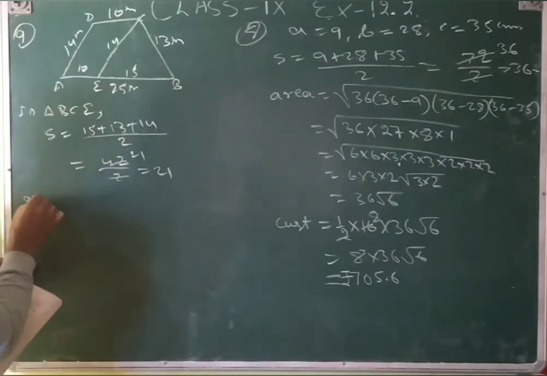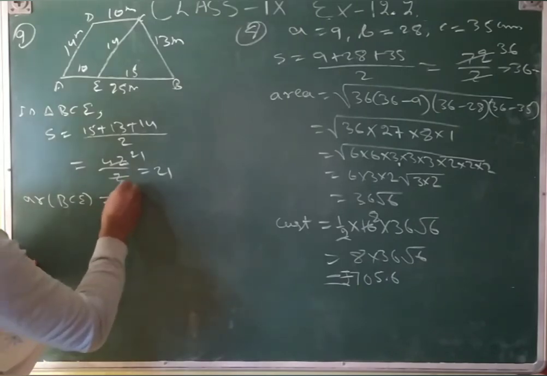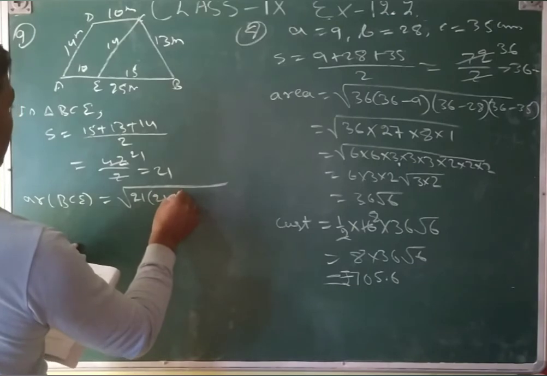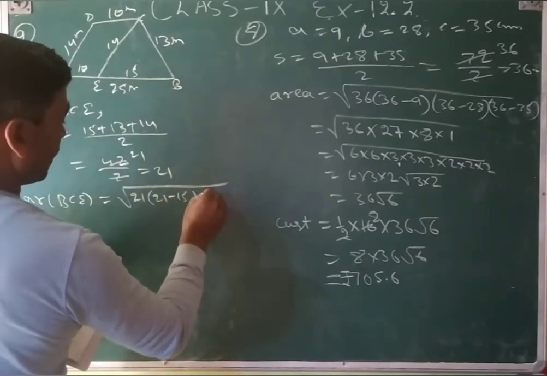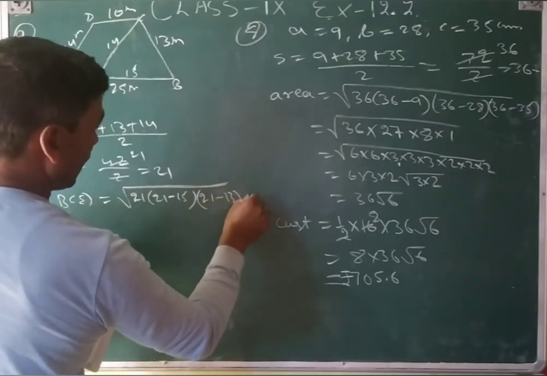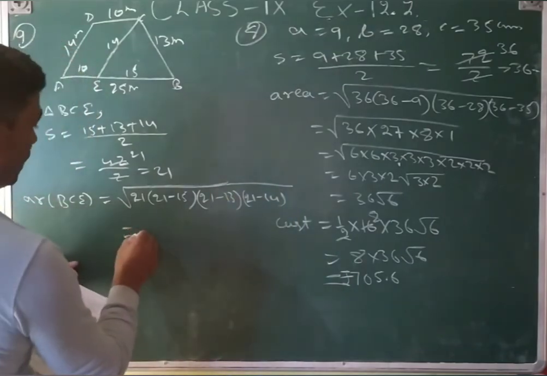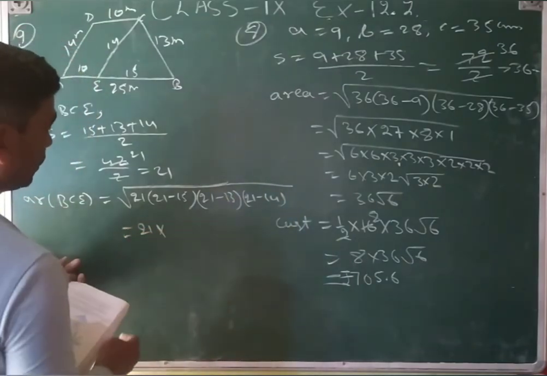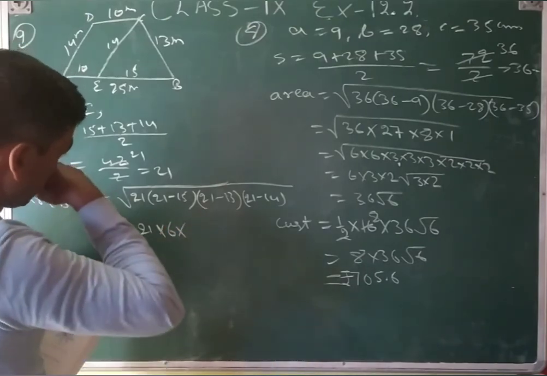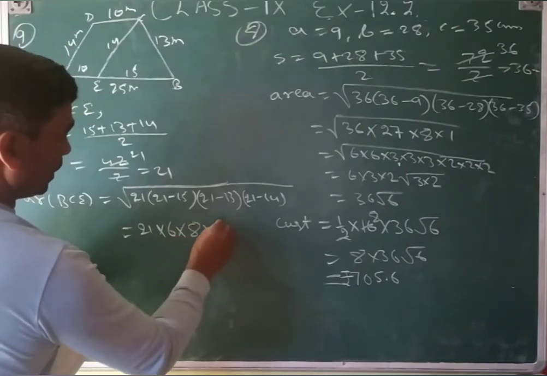So area BCE is equal to under root S into S minus A, that is 15, S minus B, that is 13, S minus C, that is 14, and then 21 into 6 into 8 into 7.